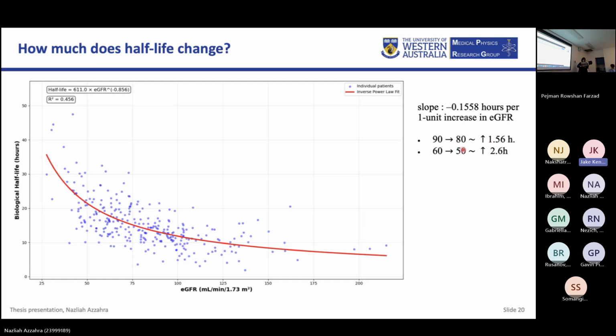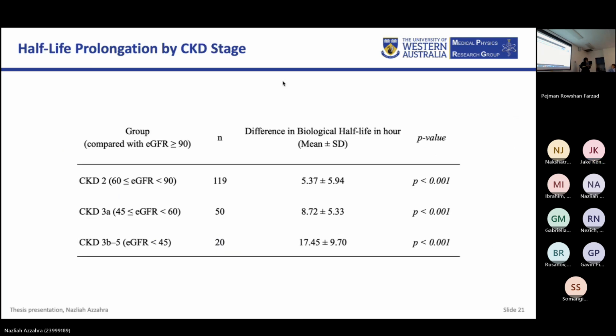But if the eGFR drops from 60 to 50, it will prolong the biological half-life by 2.6 hours. And this can also be seen clearly in this table.